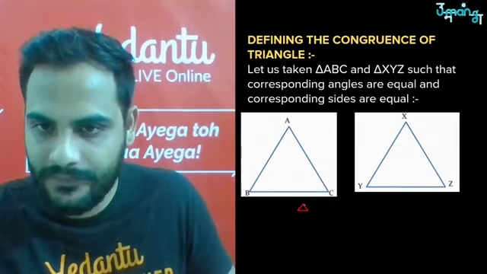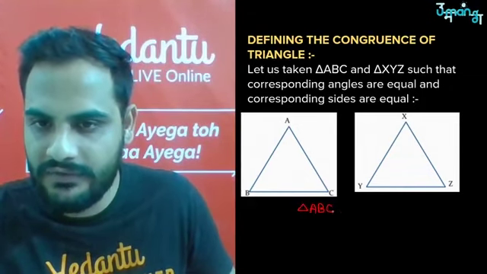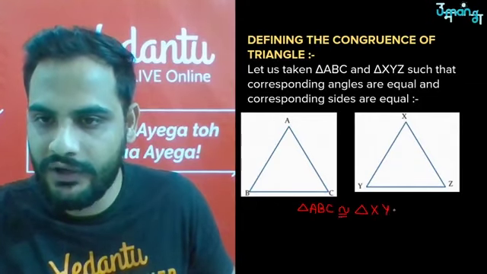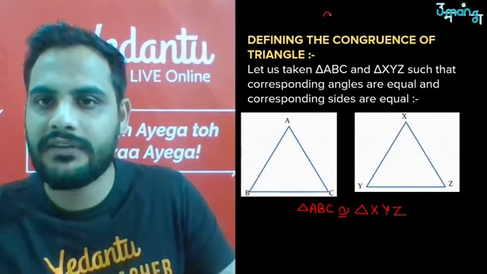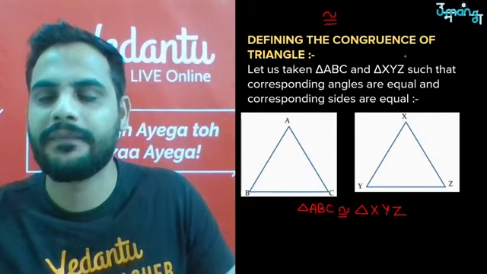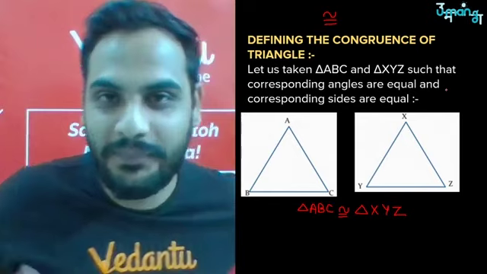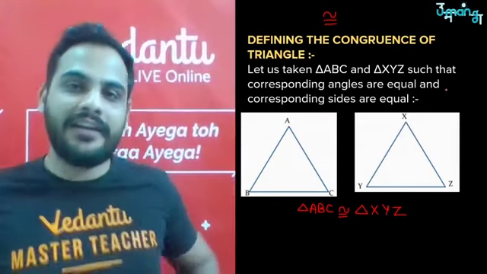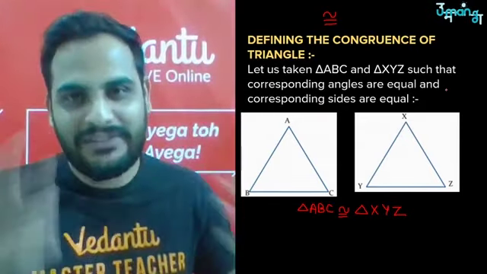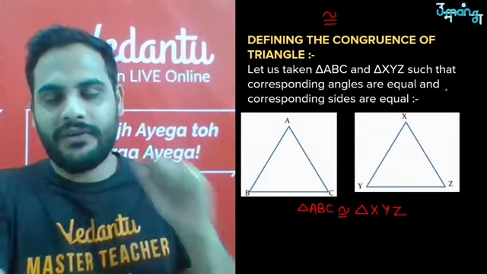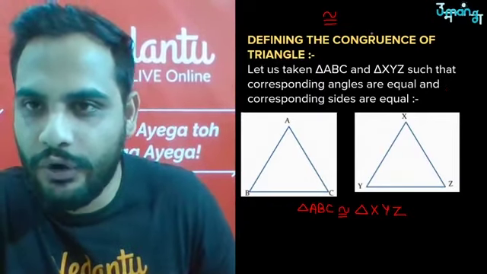If I say triangle ABC is congruent to triangle XYZ, this is the sign of congruency. Actually I am taking grade 10th also on Vedantu's platform, where I teach similarity again and again, so the word similar keeps occurring, but here it is congruency. So this is the sign for congruency.